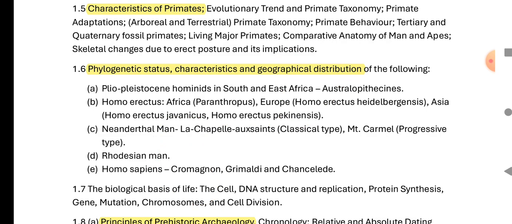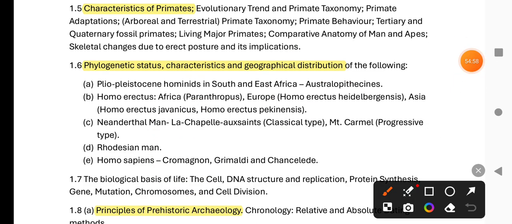His legs were like a deer's legs. Why a deer's leg? Because the linea aspera is not much developed in Australopithecus.